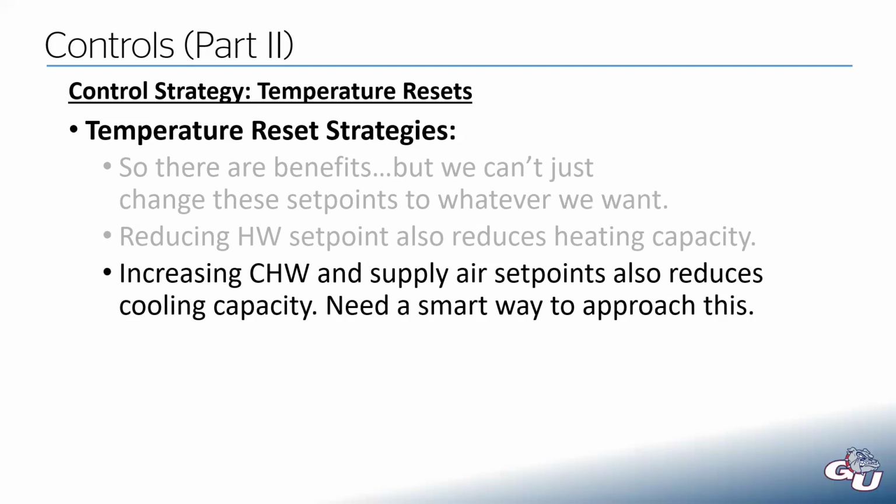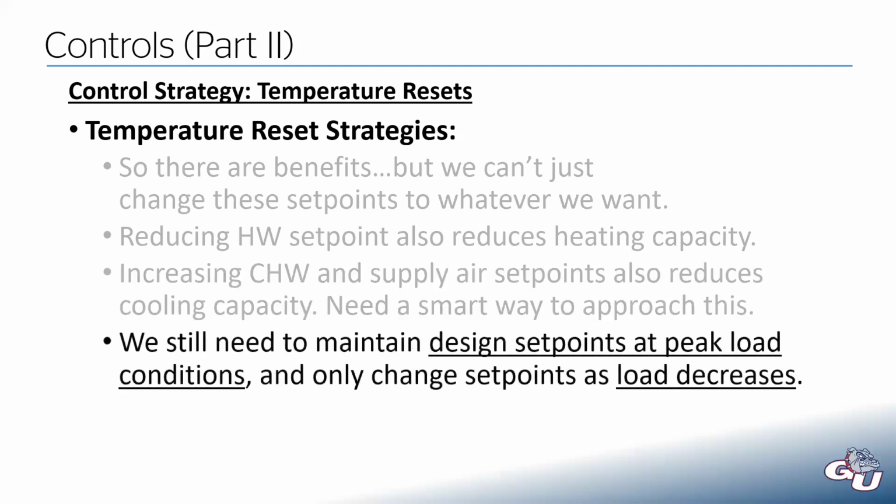So we need a smarter way to attack this problem, to change our set points when it's appropriate to do so. We still need to maintain those design set points when we have peak load conditions, and only change them as the load decreases.